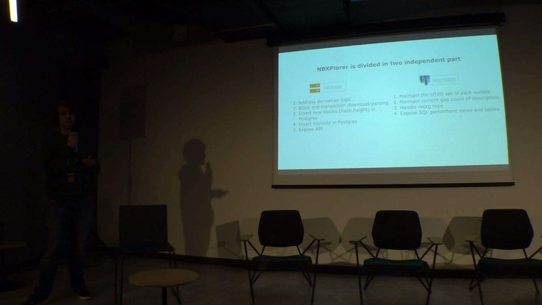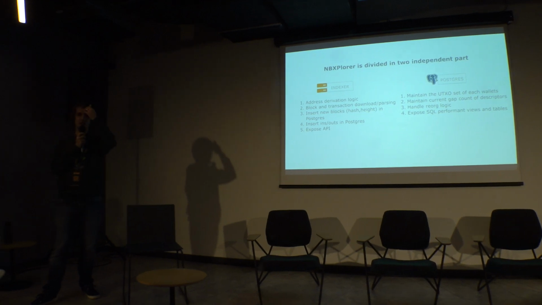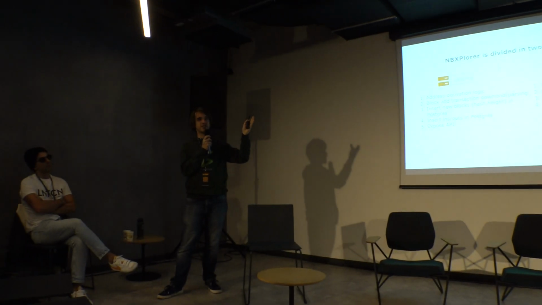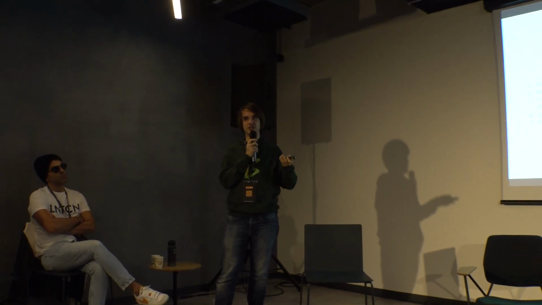The indexer is very easy in the sense that the only thing you need to do is handle the address derivation logic. As far as Postgres is concerned, it doesn't know anything about derivation, but it knows the concept of descriptors and descriptor scripts. So it's the indexer that inserts those scripts inside this table.